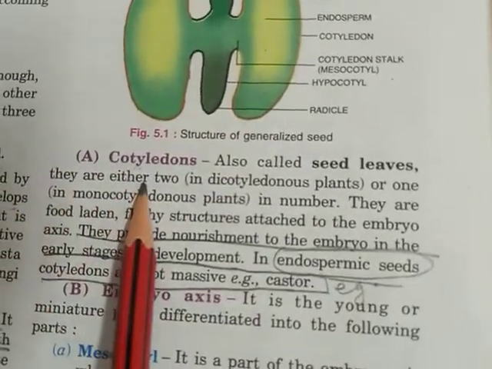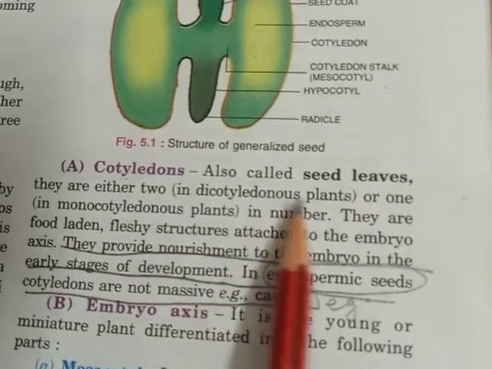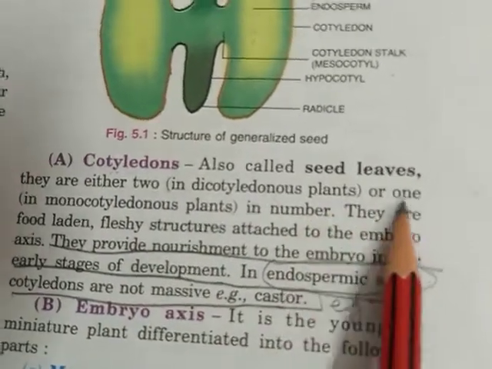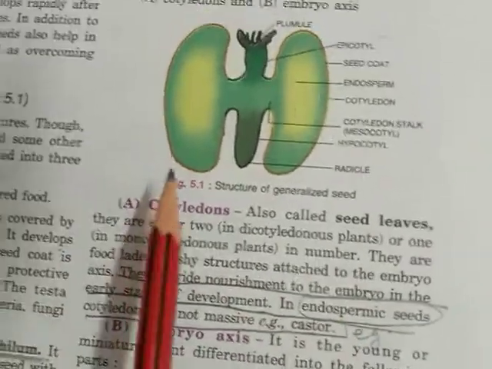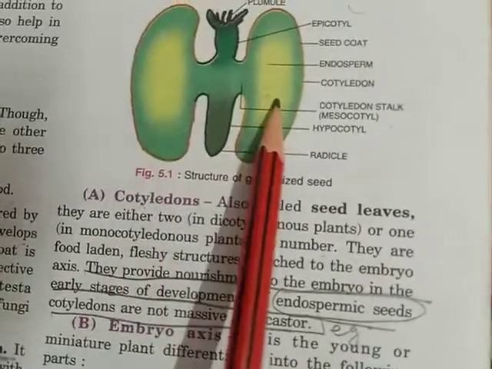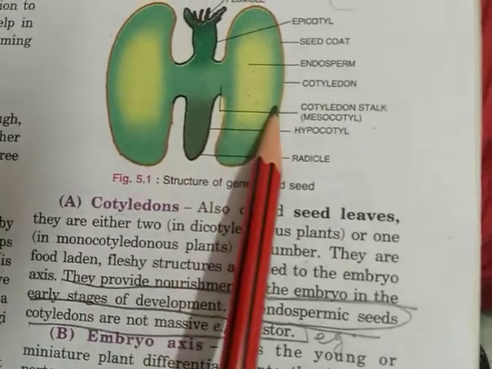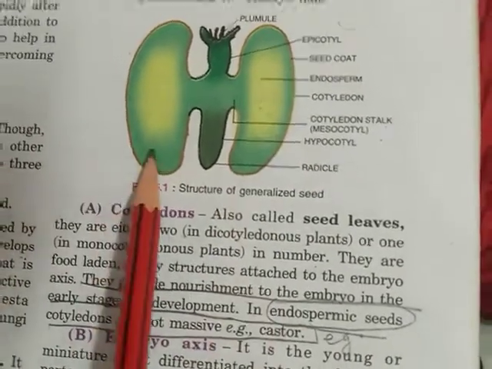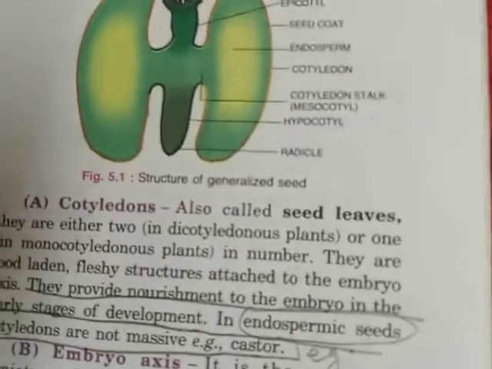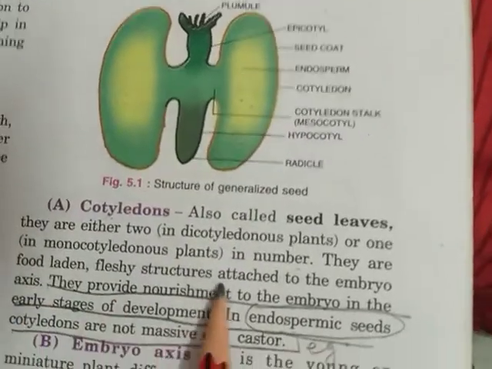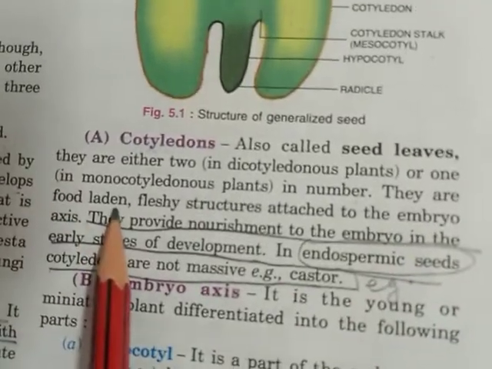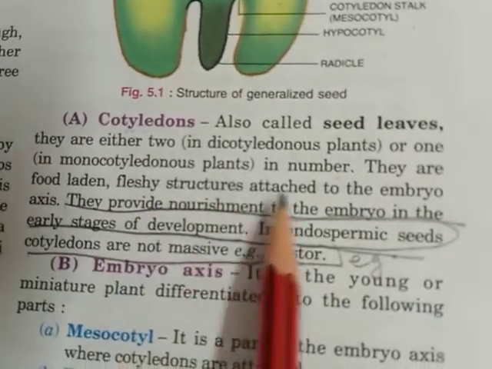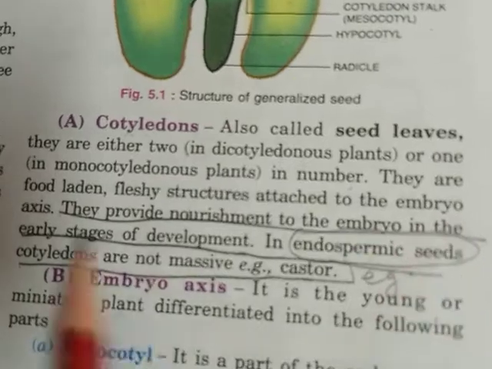They are either two in number in dicotyledonous plants or one in monocotyledonous plants. So if a seed has two cotyledons, it is known as a dicotyledonous plant. And if it has only one cotyledon, it is known as a monocotyledonous plant. They are food-laden, fleshy structures attached to the embryo axis.